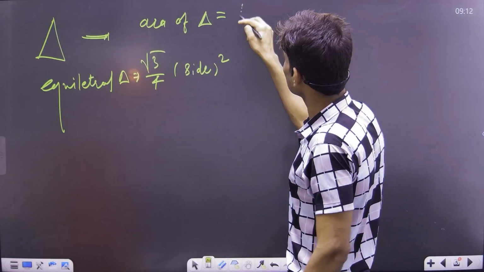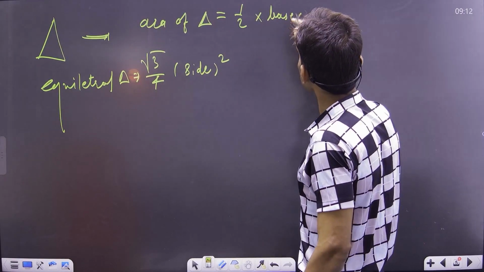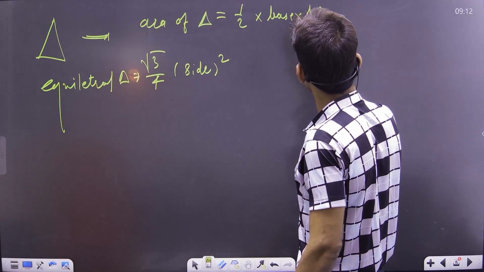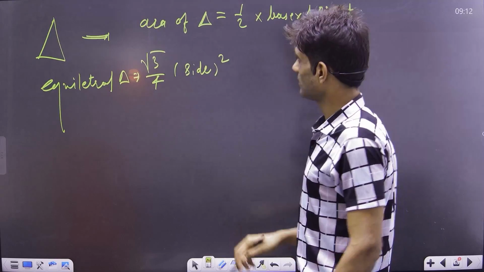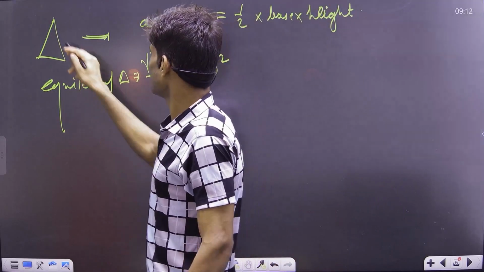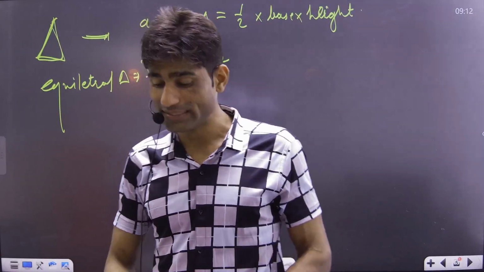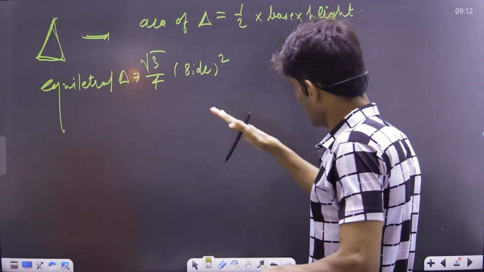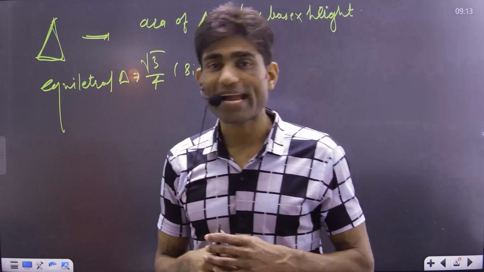For your regular triangle, we consider area of a triangle as 1/2 into base into height, okay? About equilateral triangle, we consider √3 by 4 into side square, okay?